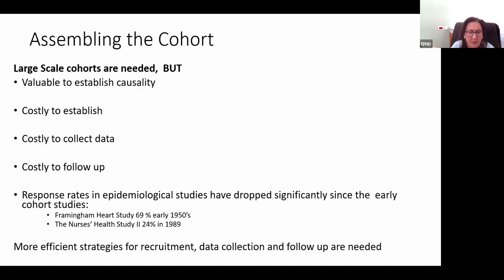In the Framingham study, the response rate at baseline was 69. But we know that recently there have been really lower response rates. However, I can tell you that for our study in Al Sahha, we have a very high response rate. The final one is in the upper 60s, 70s. But in some places or in some subgroups, we have a very high response rate in terms of approaching them to participate. And if we don't have good participation at baseline, what happens?